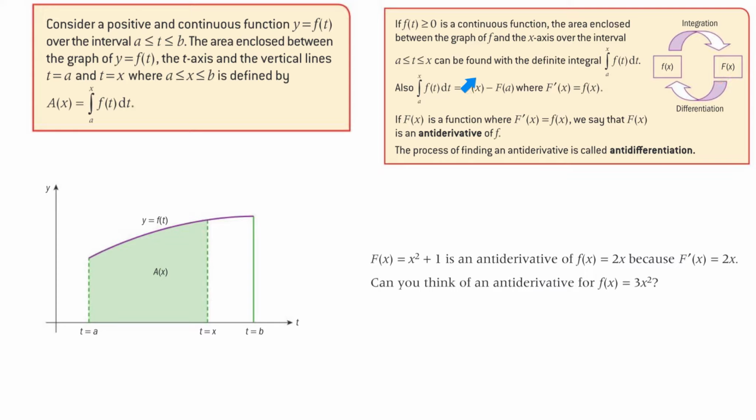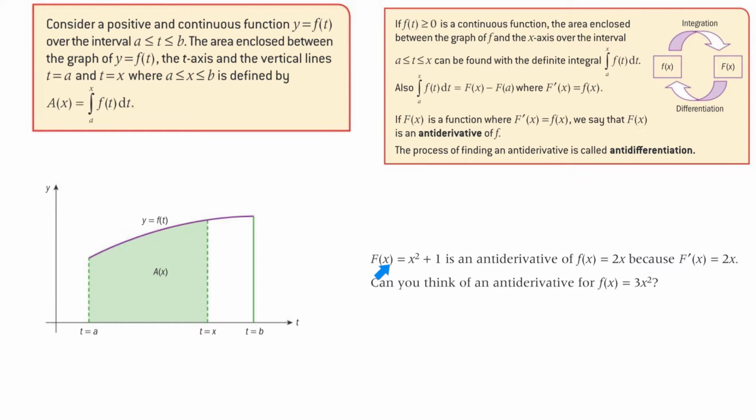Then this notation represents the value of that integral at x, and this one represents the value of that integral at a, and we subtract them because we're only interested in the domain t equals a to t equals x. Let's look at this example.